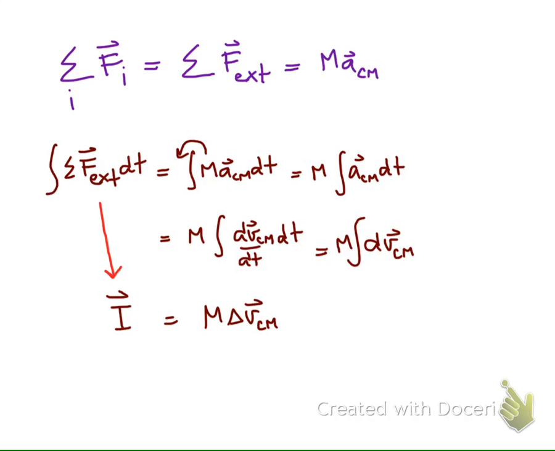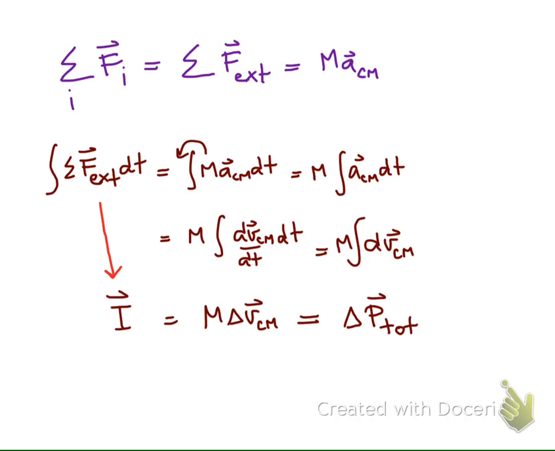We can see that this m times delta v_cm is equal to the change of the total momentum, because m v_cm is the total momentum, and we assume that m is a constant.